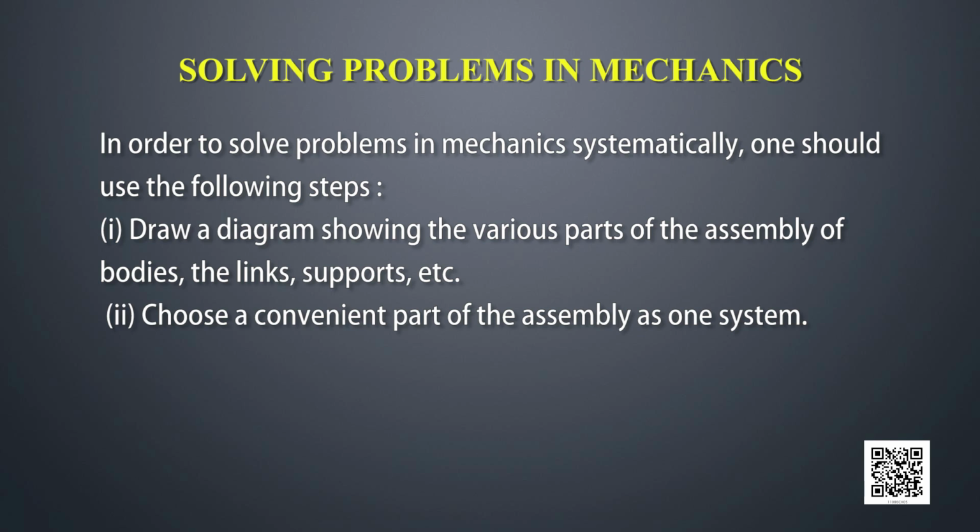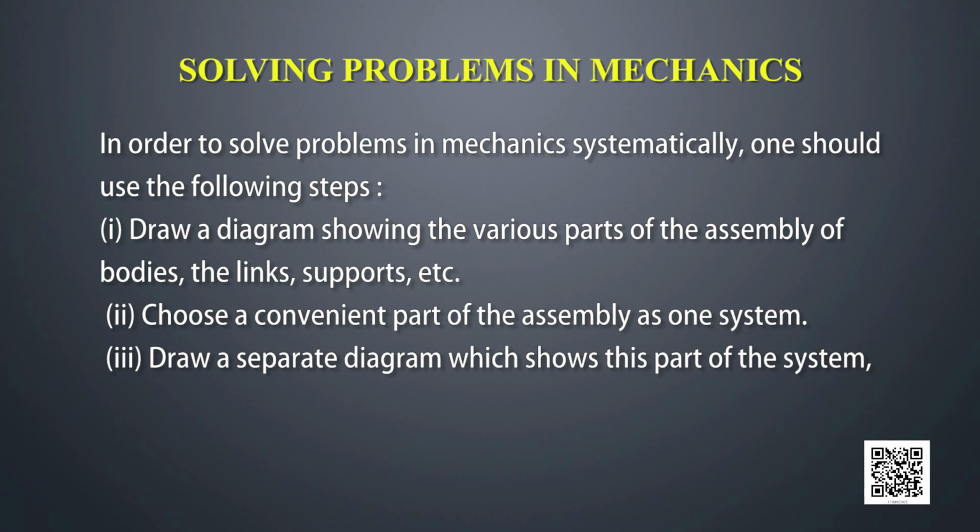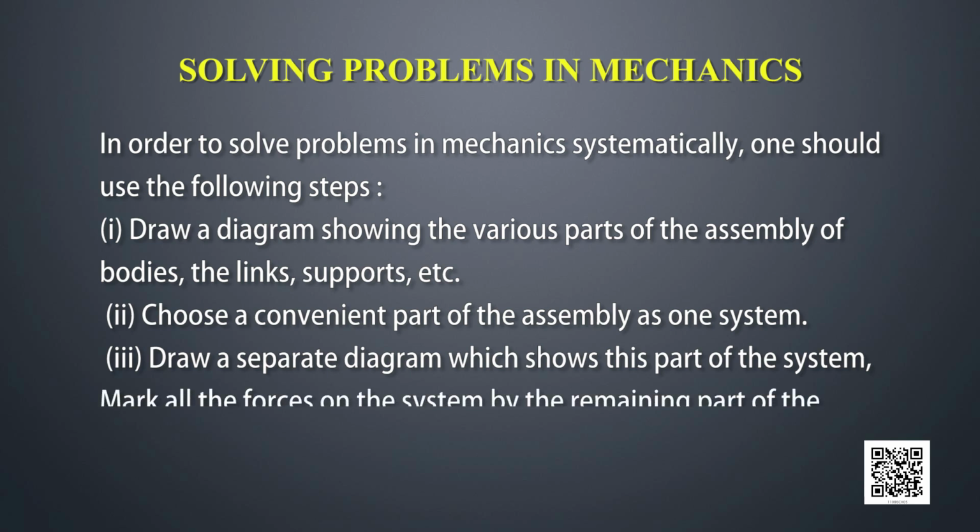That is, if you want to find acceleration of a particular object, say a block in the system, concentrate on that particular block. Draw a separate diagram which shows this particular part of the system, that is the block alone. Mark all the forces on the system by remaining parts of the assembly.